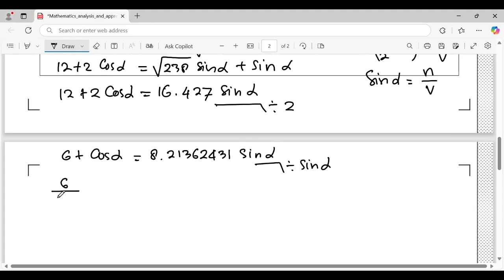It becomes 6 over sine alpha plus cosine alpha over sine alpha equals 8.21362431. Okay, right. And it is 1 over tangent alpha, or cotangent alpha.